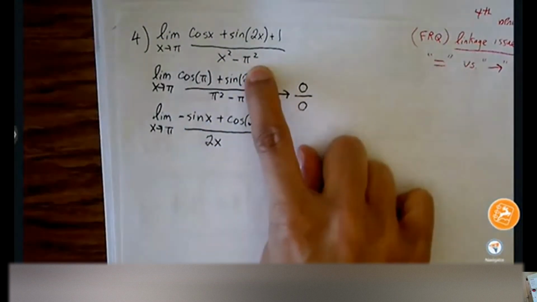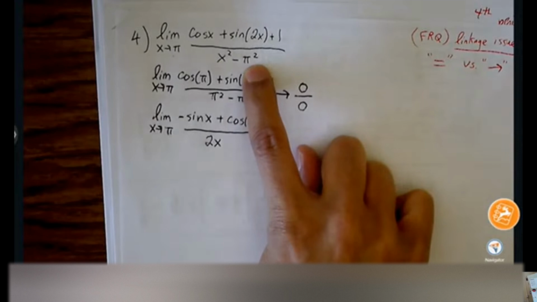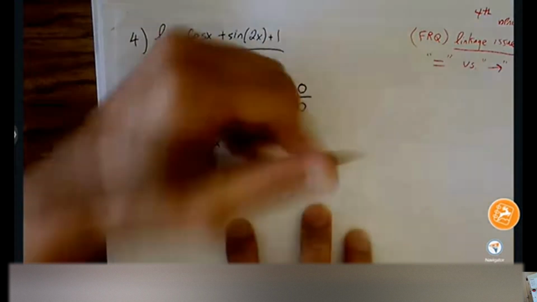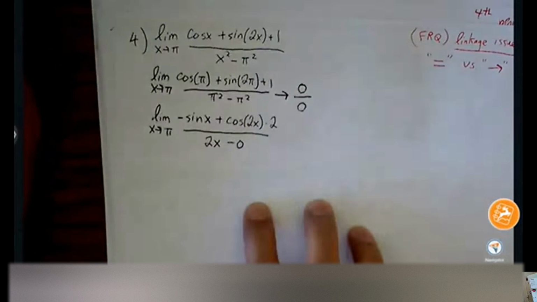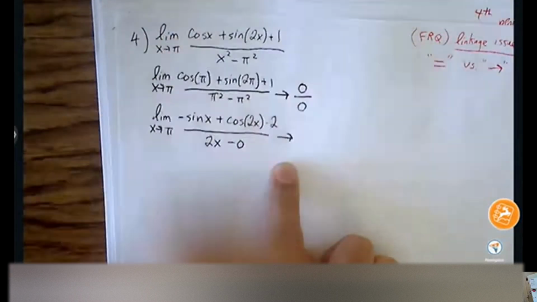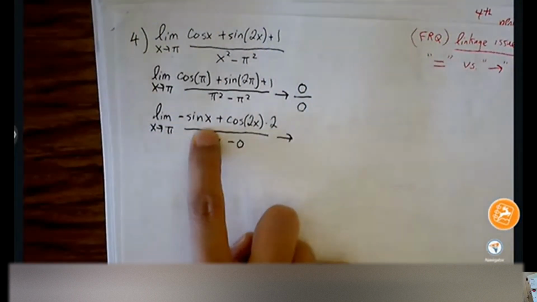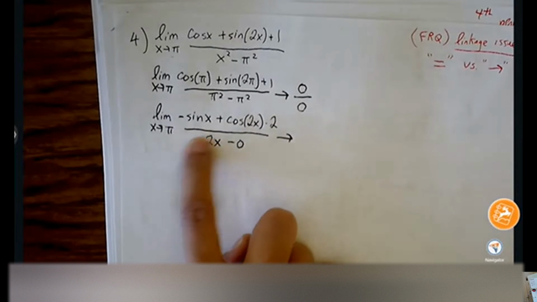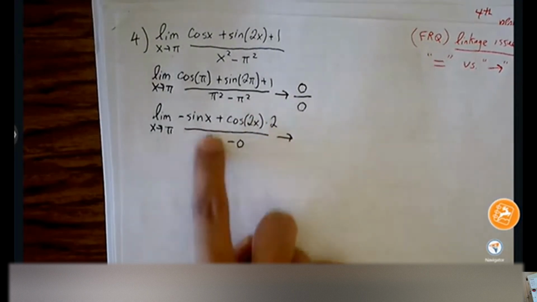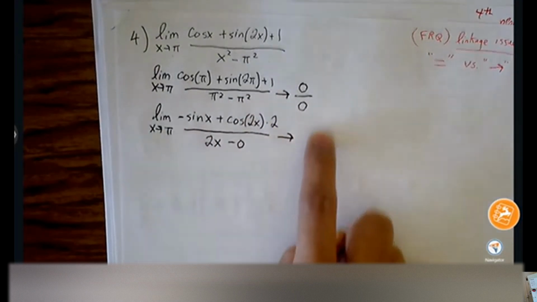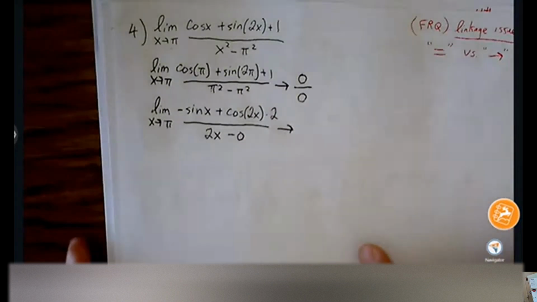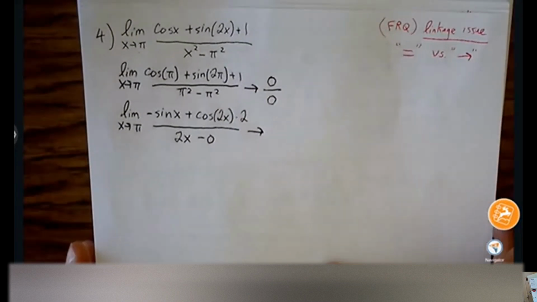Careful with that pi squared. Does that become 2 pi? Good, right? Pi squared is a constant. Don't treat that like a variable. That's just going to go to 0. Arrow. Evaluate. Pi in for x. Now that we have a different version of the problem, we're hoping that this will no longer give us 0 over 0, but give us a real number that we can represent as our limit.